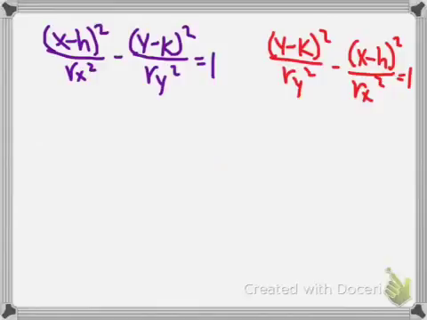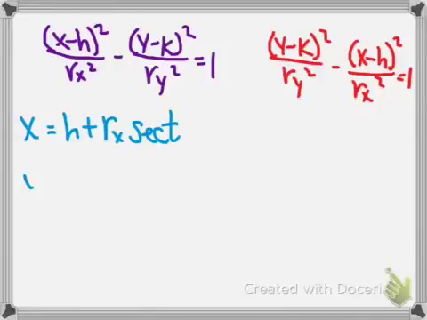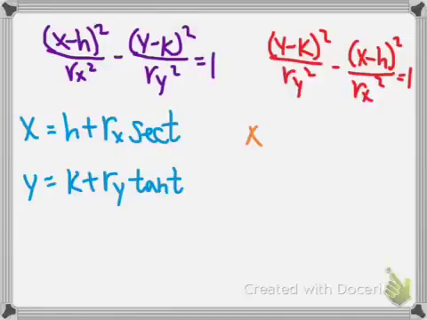How that translates to a parametric equation: if it's horizontal, then x equals h plus the x radius times secant t, and y equals k plus the y radius times tangent t. The difference for vertical is the same setup, but secant goes with the y and tangent goes with the x.